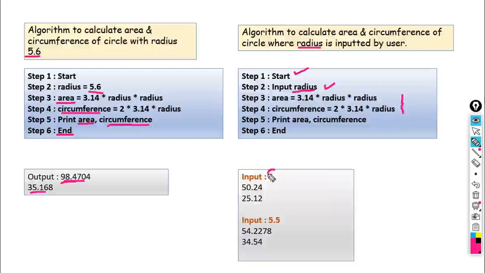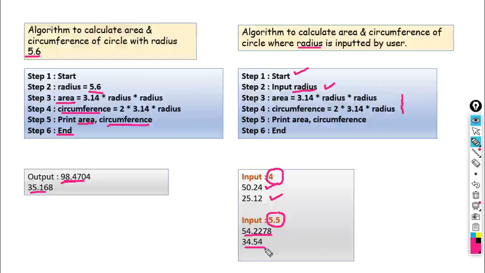If the user enters the value 4, it gives you the area and circumference. Again, when we execute it a second time, suppose the user has entered the value 5.5, it will display area is equal to this and circumference is equal to this.